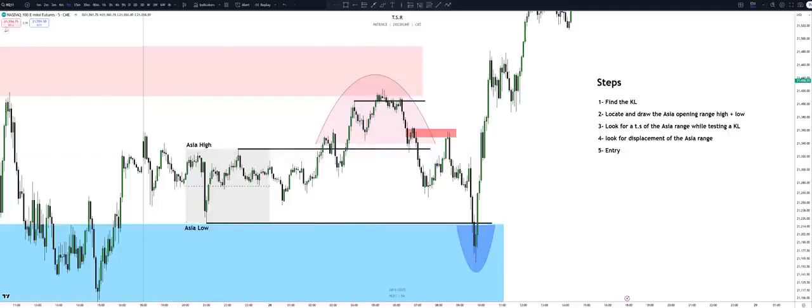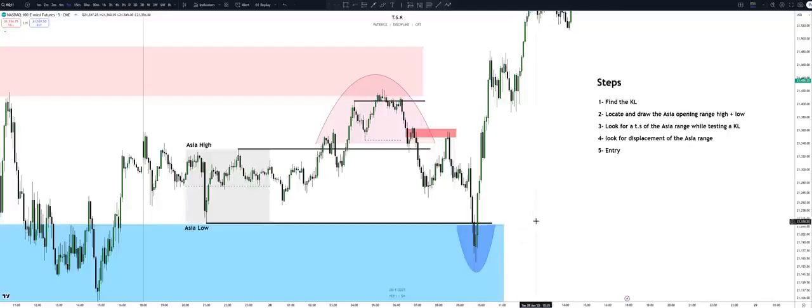breaking market structure. Where does market structure break on the 1-minute time frame? Right over here. So this level right here, as soon as we got the close below, we confirmed a market structure shift to the downside, at least for the next session. All right.